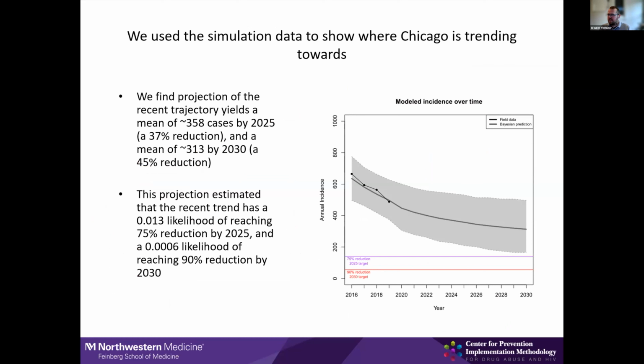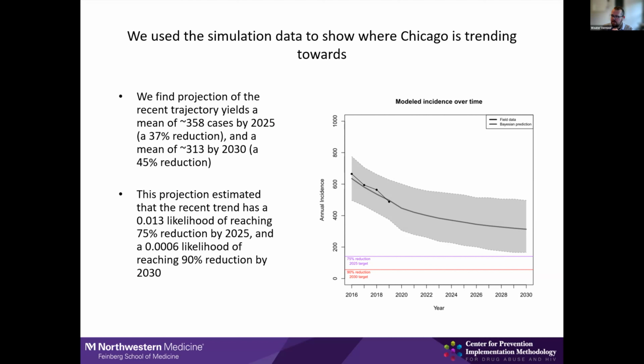So if we take, for example, the real observed values that we have data on after we designed our model, so the period of 2016 to 2019, and we use our model to align that with what we actually observed in that period, we can get a projection of where we're currently trending, which is what is depicted here over time.